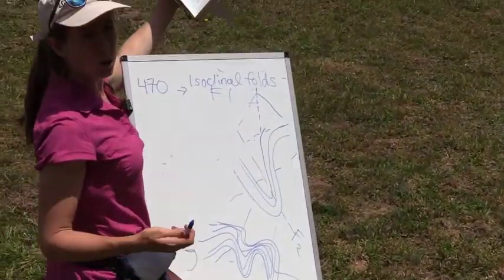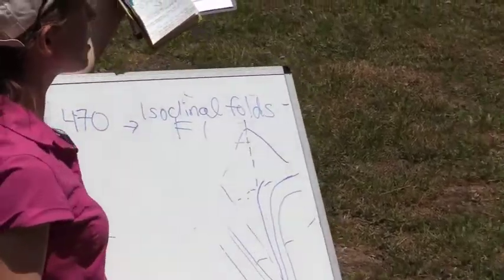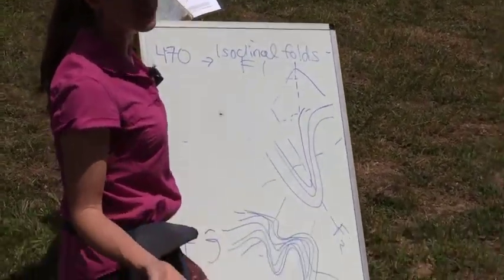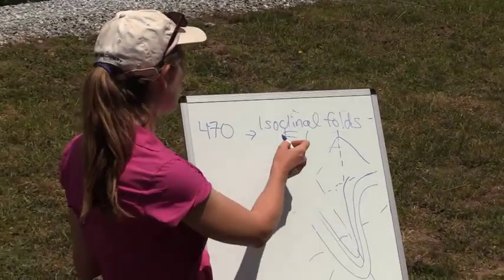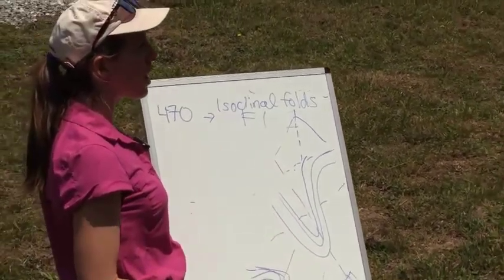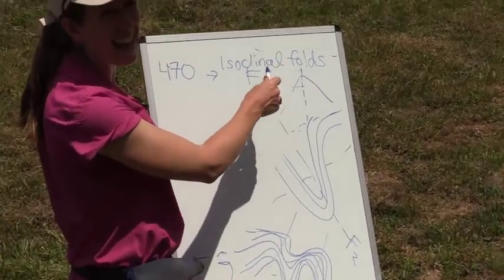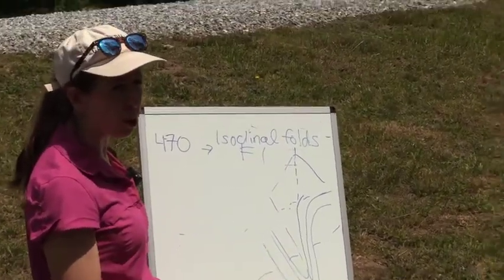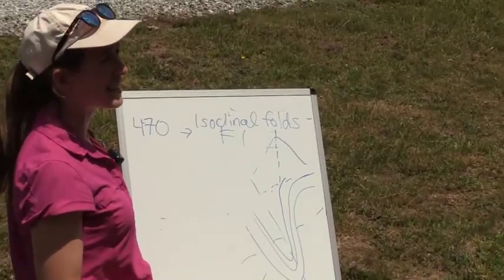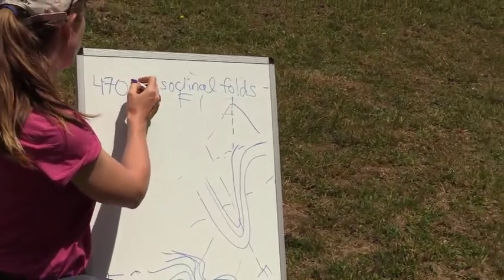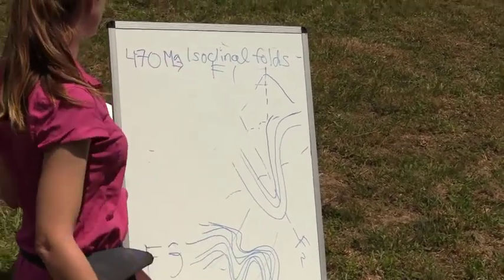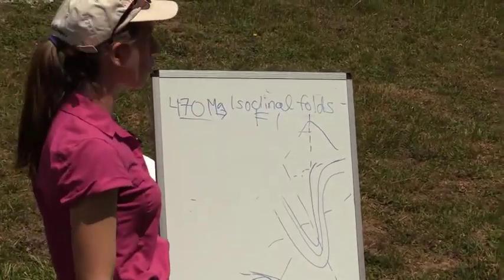So how do we date these folds? We try to date the age of the metamorphism of the metamorphic rocks that are folded. So we try to identify metamorphic rocks that host the S1 foliation, that are involved in F1 folds, and try to identify the earliest metamorphic rocks. So the F1 folds occurred in a deformational event that we think happened around 470 MA.